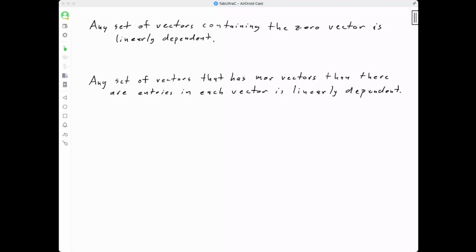So I want to think a little bit about why that's the case. If I think about the matrix equation, and let's say I've got 4 rows, so in this case my x's are x1, x2, x3, x4.